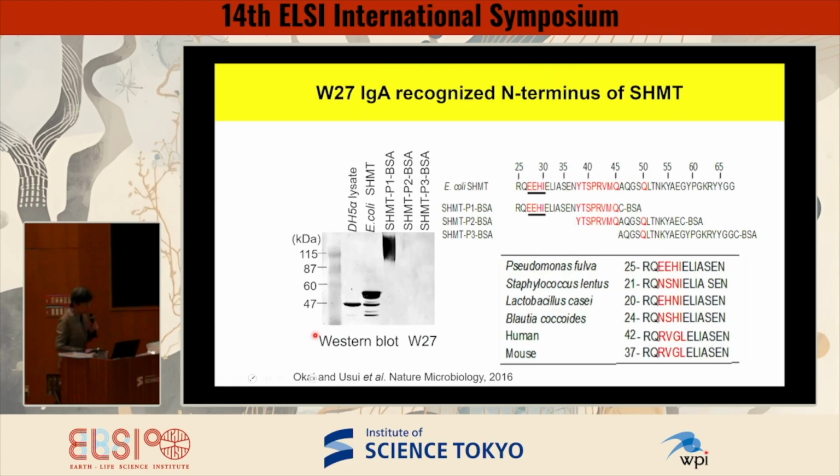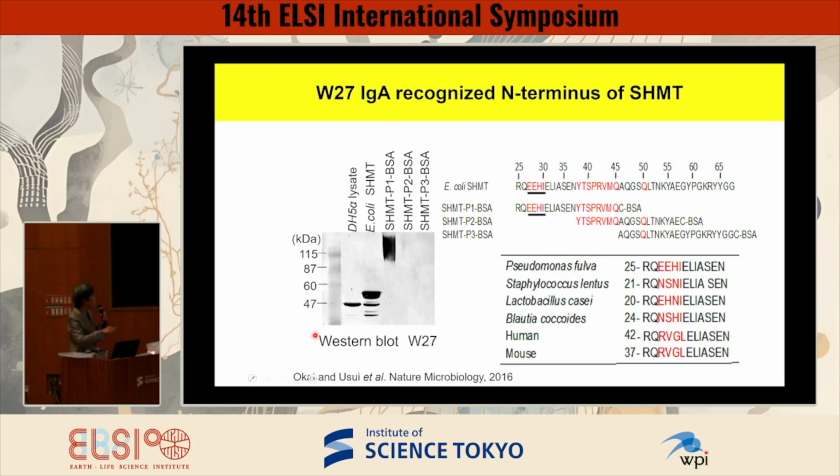And it is well conserved between the bacteria and the rabbit, so an important one. And then we determined which is the epitope, and we concluded this EEHI motif is the epitope. But as you see here, RQ and ELIA, SEN, these are conserved motifs from the bacteria to human.